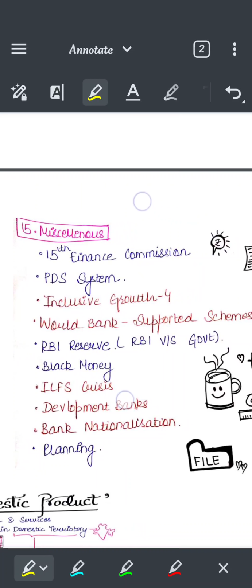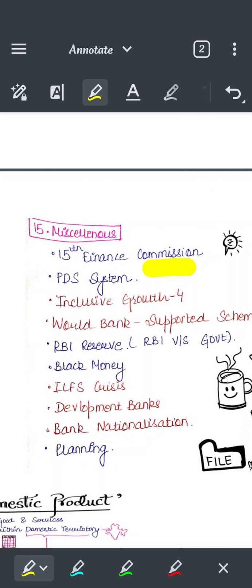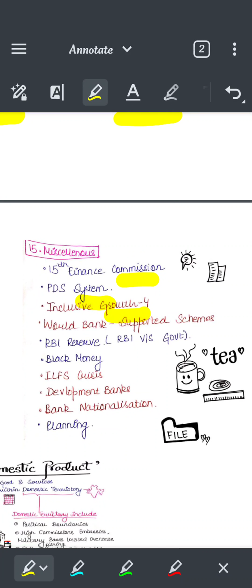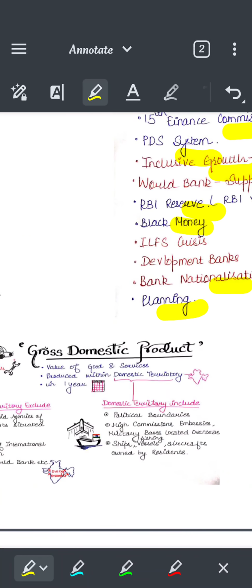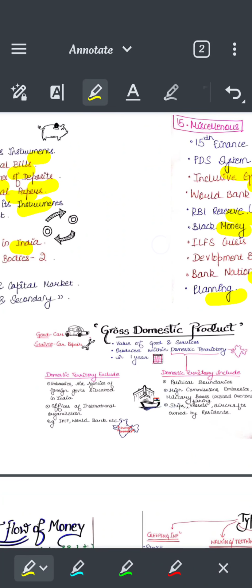Next are miscellaneous topics like the 15th Finance Commission, the PDS system, inclusive growth, World Bank supported schemes, RBI reserve, black money, IL&FS (Infrastructure Leasing and Financial Services) crisis, development banks, bank nationalization, which happened for the first time in the 1970s, and the planning of the Indian economy. You can study that for proper analysis in the mains exam.